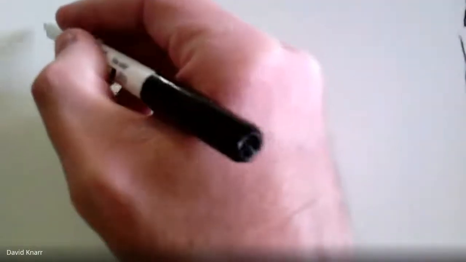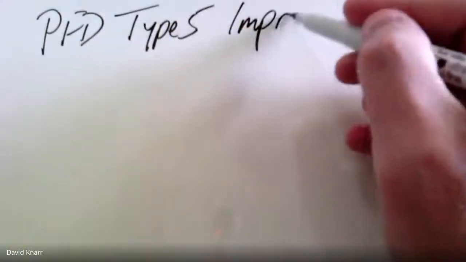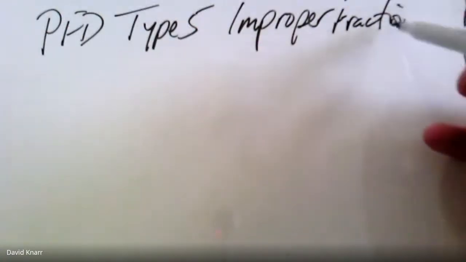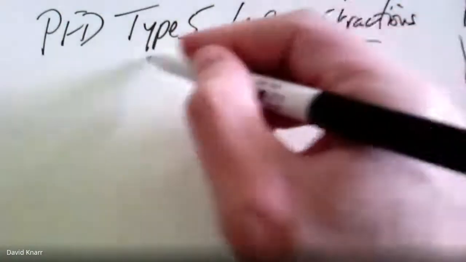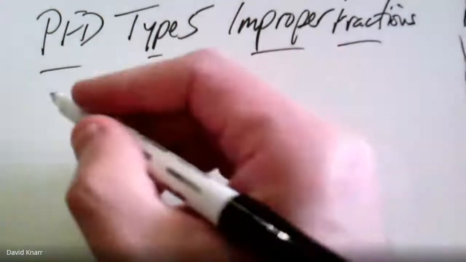So today we are going to talk about partial fraction decomp type 5, improper fractions. So there's that word again, improper fraction. We've talked about, in a couple of the videos, the difference between a proper and an improper fraction.